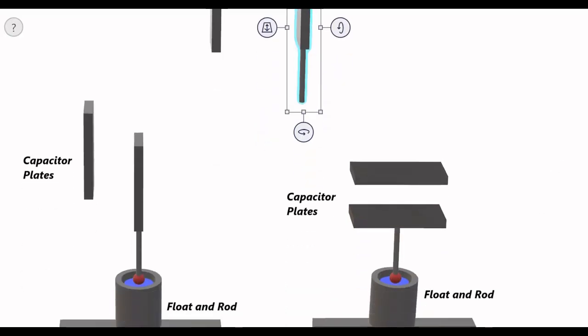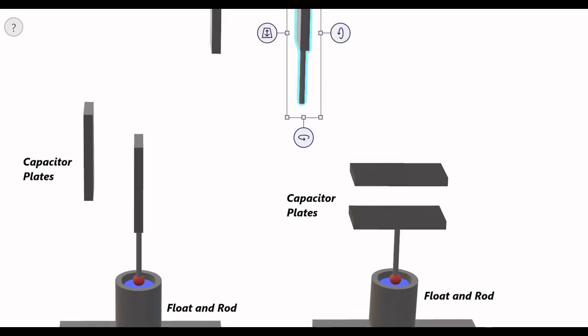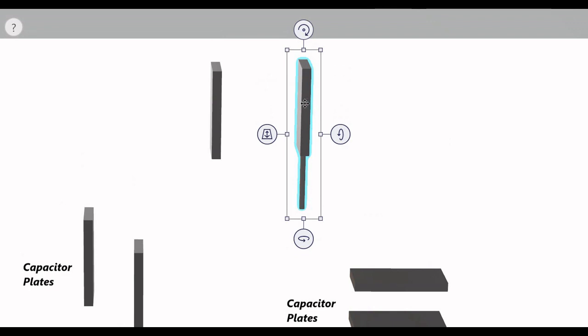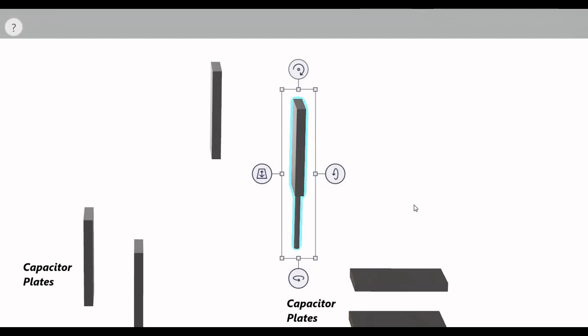Here the movable plate moves up and down, which leads to change in separation distance, or it can move laterally, sideways. That will cause a change in the overlapping area. Both of them contribute to change in capacitance, directly proportional to overlapping area, inversely proportional to separation distance.